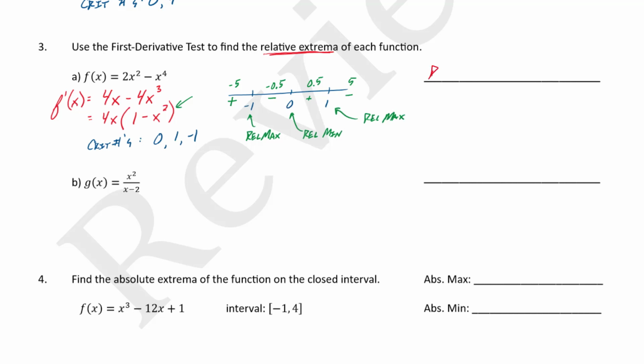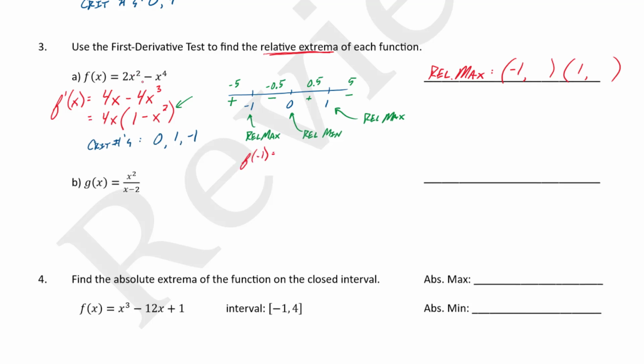So in identifying them, that's going to be a good start here. Relative max, I'll go ahead and get that part set up. It looks like I've got one ordered pair that starts with a -1 and another one that will start with +1. To get the y values, I actually plug back into the original. So if I go ahead and plug back into the original, f of, actually let's go ahead and do it underneath here, f of -1.